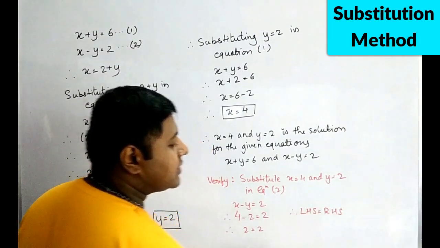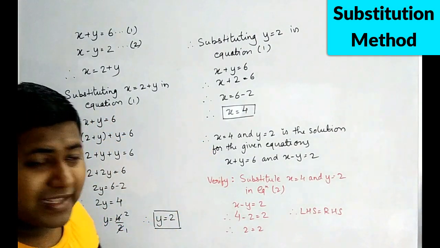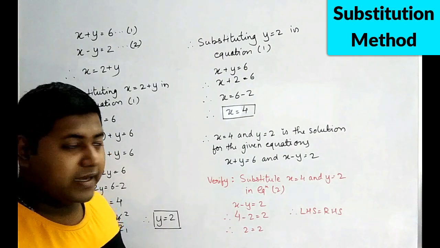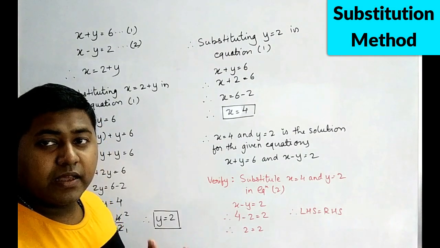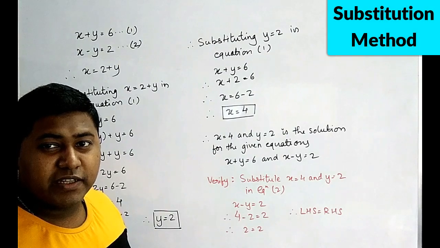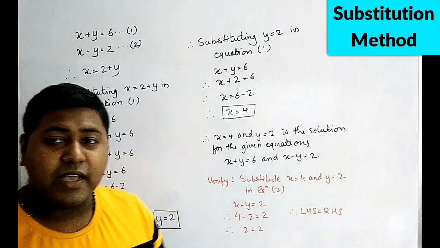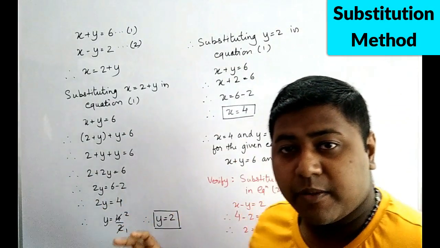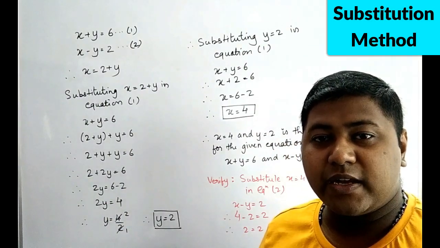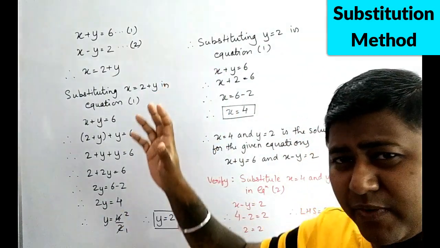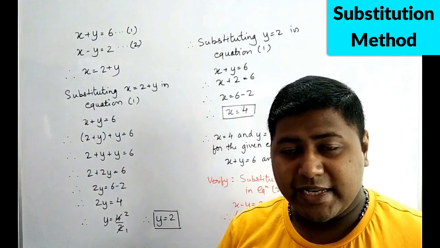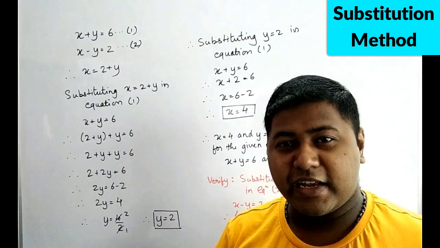If your left hand side is equal to the right hand side, that means your answer is correct, or the solutions that you have obtained are correct for the equation. So this is how we solve the substitution method. Next we are going to find out how to solve the same equation by using simultaneous method, graphical method and Cramer's rule.